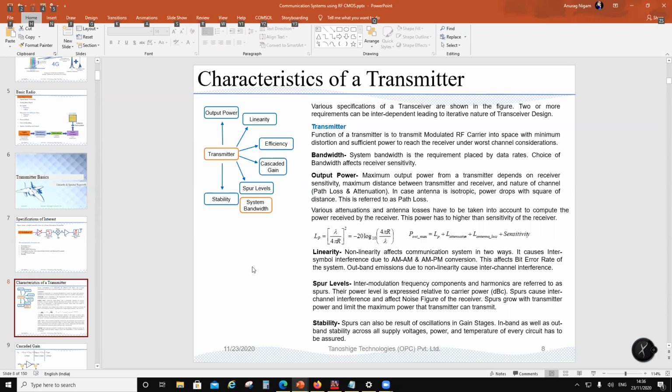Spurs basically are related to stability mostly, or leakage components, again directly contributing to the noise. So you might not just have the thermal noise which your classic sensitivity calculation uses. It may be a noisy environment. You might pick up spurs from other systems, which may be blockers also.